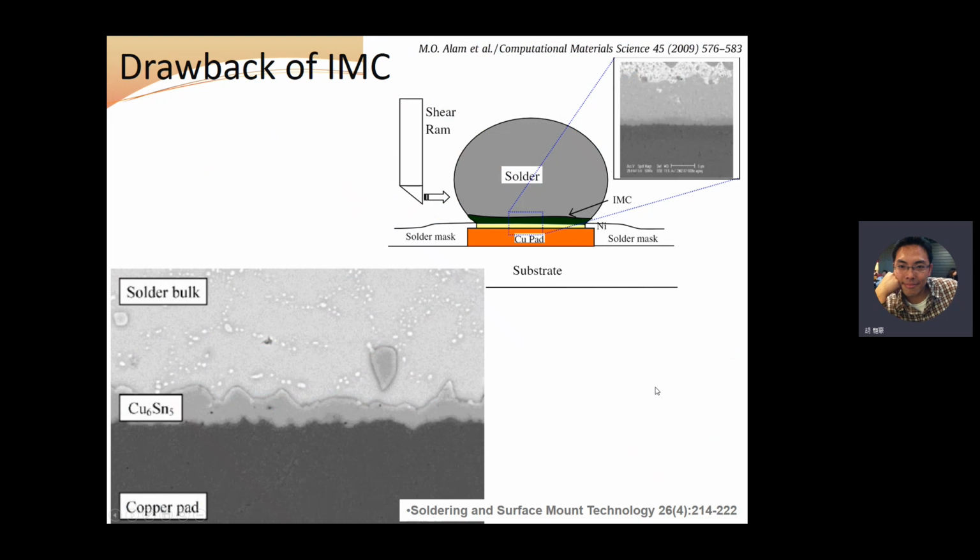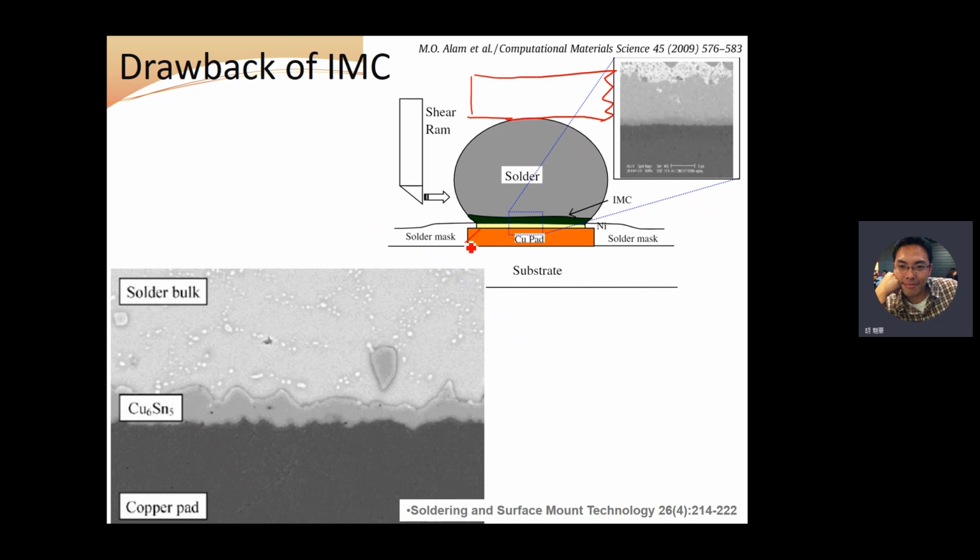So this is for electronic packaging. This is a solder. For example, we have a chip on top right here, and this is a flip chip bonded electronic device, and the solder is bonded to a copper pad.